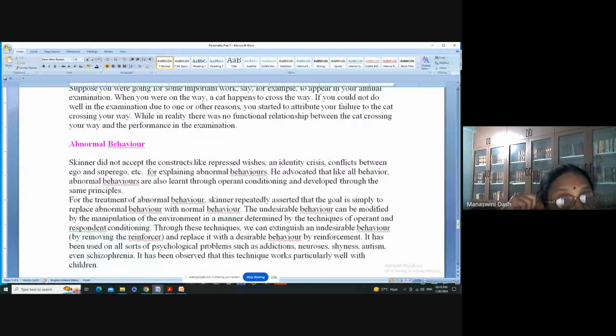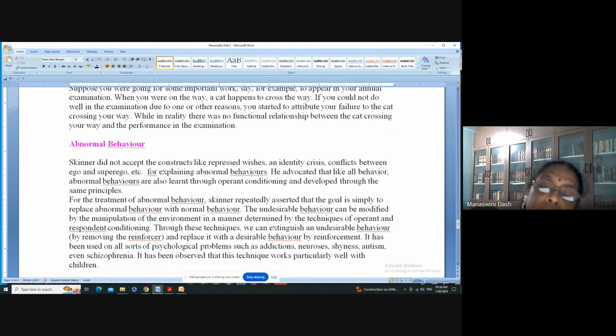And how do abnormal behaviors develop according to Skinner? Skinner did not accept constructs like repressed wishes, identity crisis, conflicts between ego, superego, etc., for explaining abnormal behaviors. These terms were used by the psychodynamic theorists, but behaviorists do not accept these constructs.